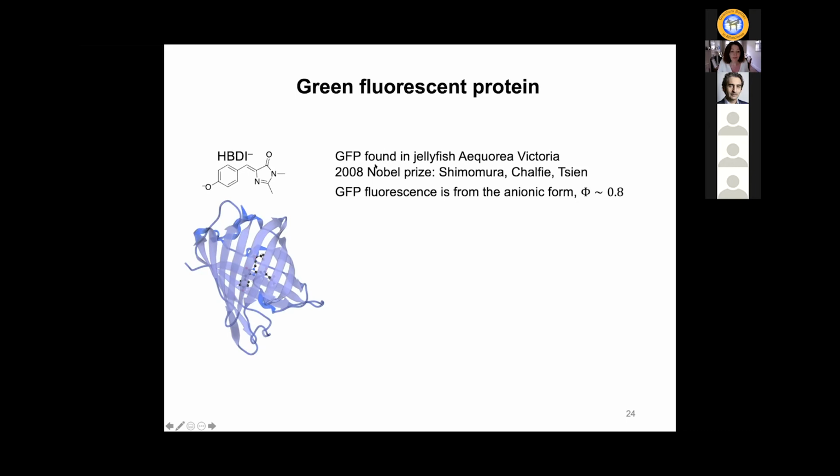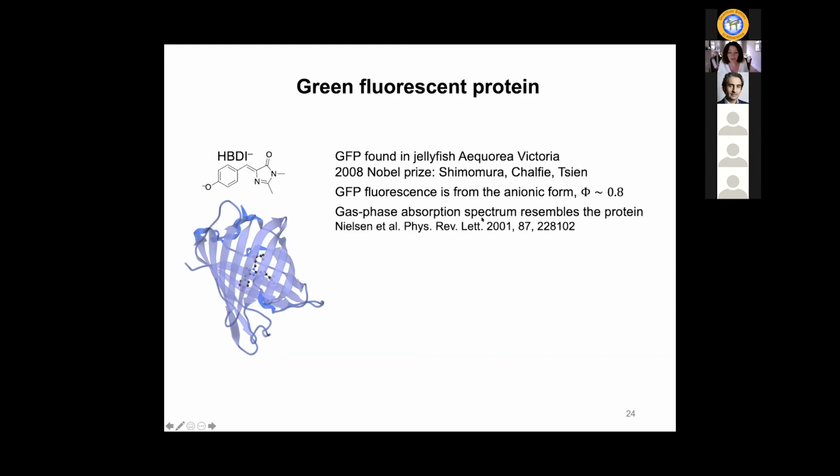The fluorescence is actually from the anionic form. It's the phenol group here that is deprotonated at the OH. The fluorescence has a very high quantum yield of 0.8. If you unfold the protein, the molecule doesn't fluoresce. So it's this molecule that fluoresces, this anion, but only when it's in the protein environment.